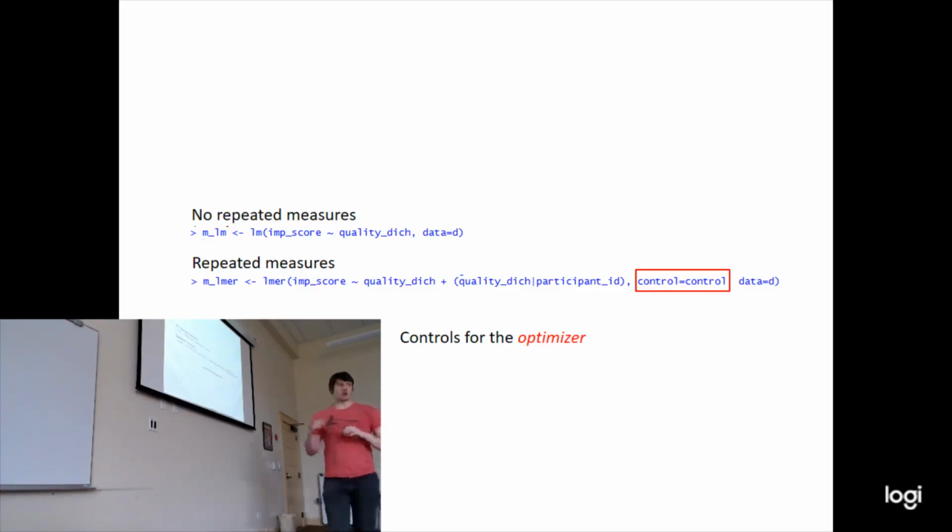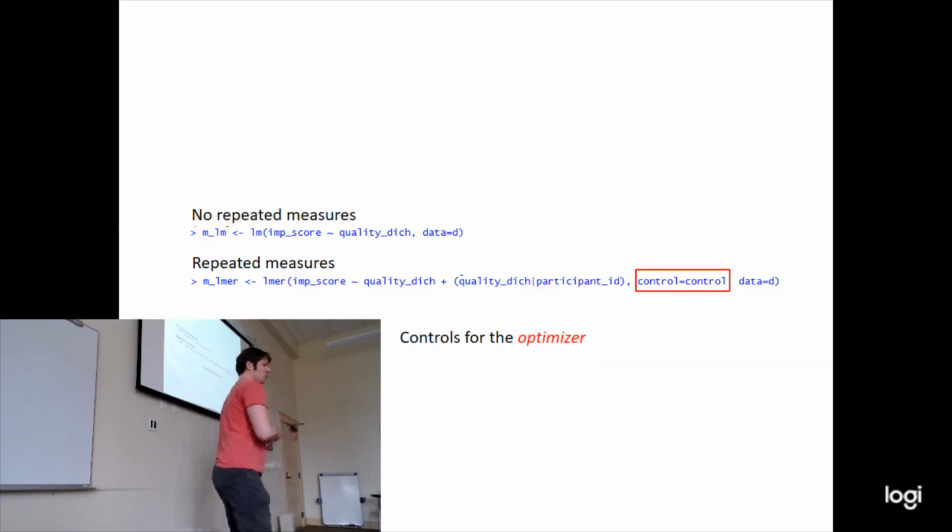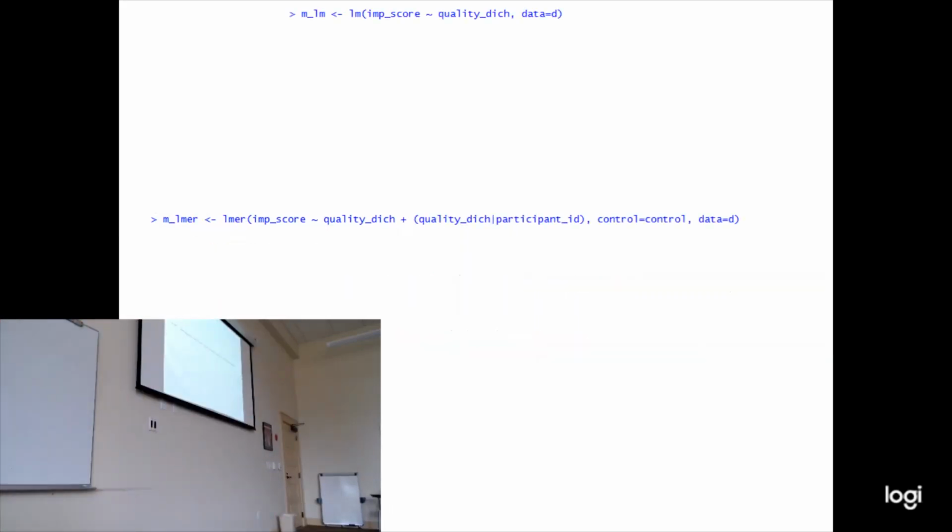And you have this thing called an optimizer that helps the function work. So I'm going to show you the output that you get side by side with the non-repeated measures version of the data set where we don't have these links, and the repeated measures version. And we'll see what's the same and what's different.